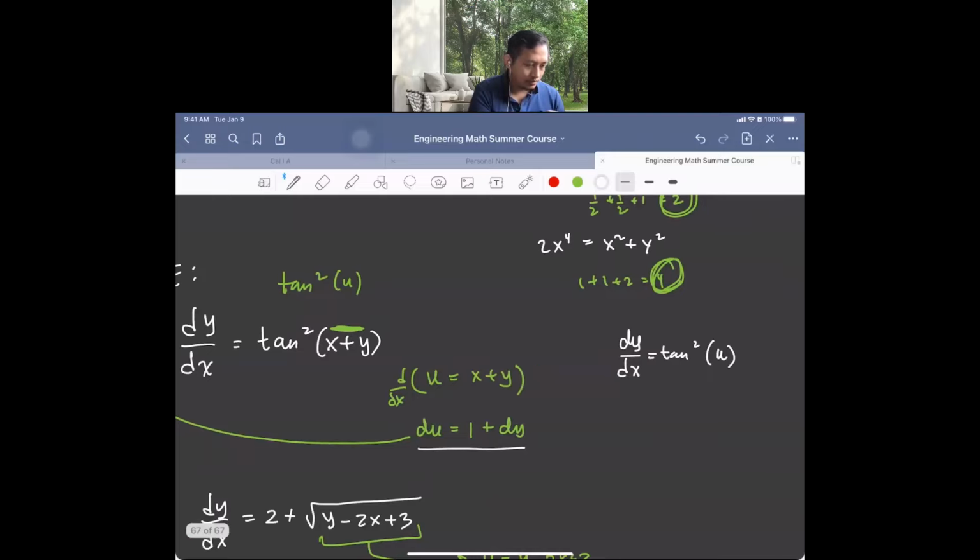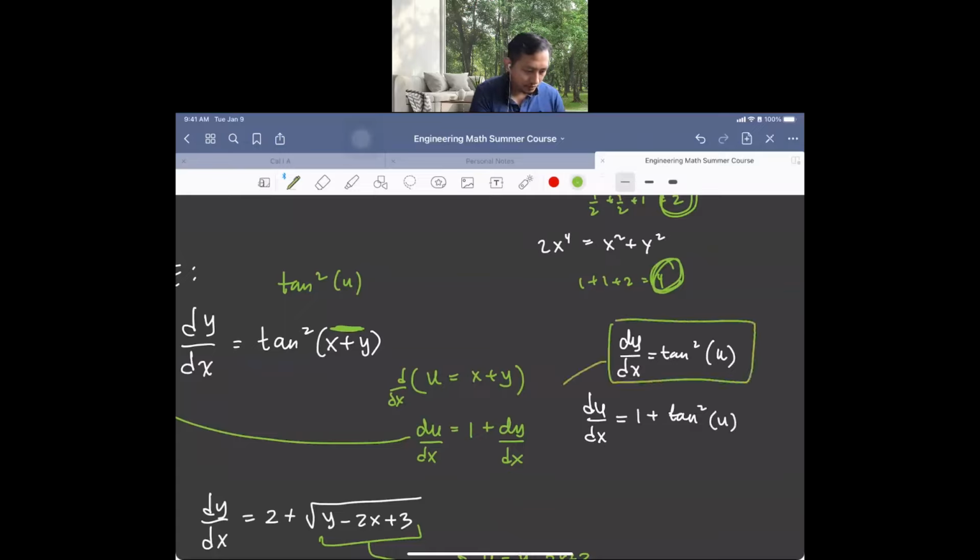So maybe if I write the du/dx of this, it's going to help. So we can write that du/dx is 1 plus tangent squared u, right? This is from here.